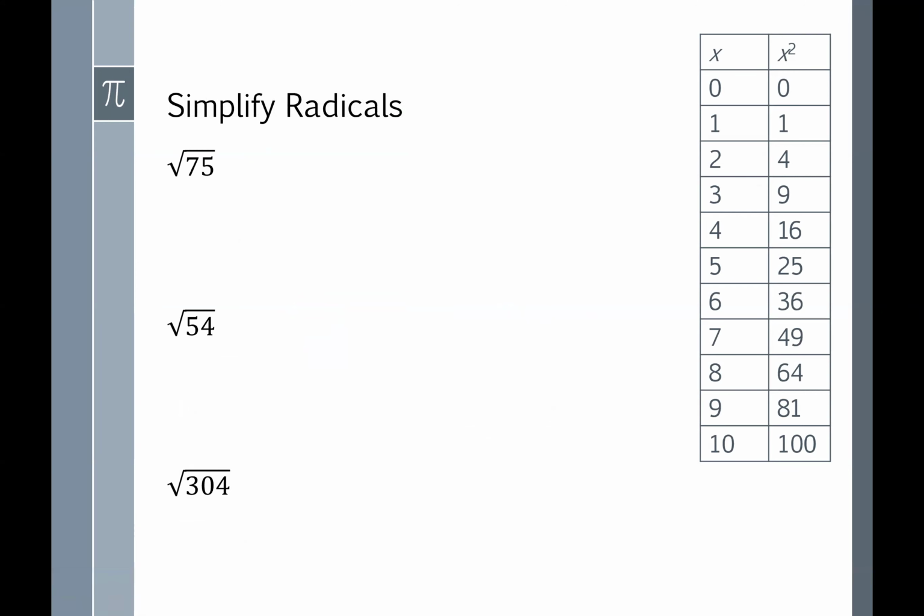I got into a philosophical discussion with a colleague just recently about the necessity of simplifying radicals. There actually are calculators available for a very reasonable price that will simplify radicals. The TI-84 is not one of them.